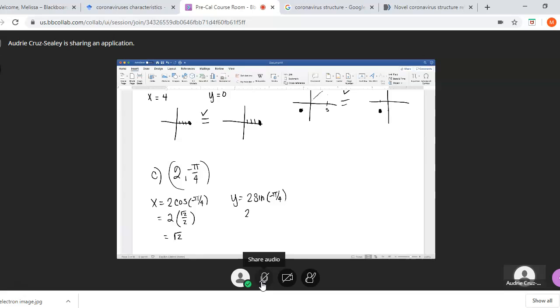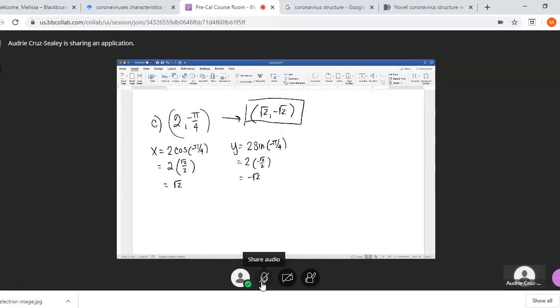And this one gives you 2 times negative square root of 2 over 2. So then you get the point: the square root of 2, comma, negative square root of 2. And that is your rectangular point. And then if you wanted to sketch the picture, this one ends up in the fourth quadrant.